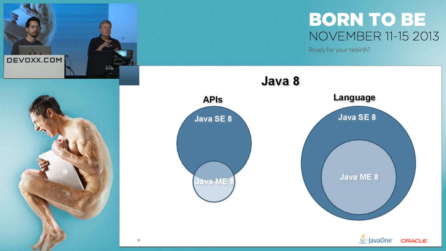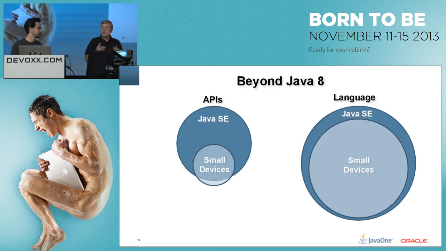There are some differences because you're talking about different kinds of devices, interfacing with accelerometers, things like that. But then with future versions of Java, with the modularity, etc., we're getting even closer, if you go to the next slide, to having that overlap be a lot more.